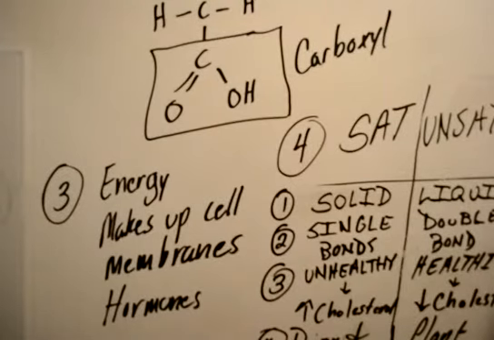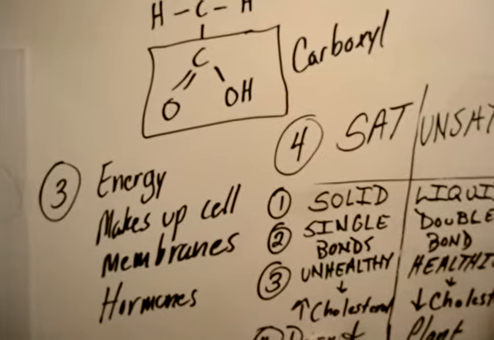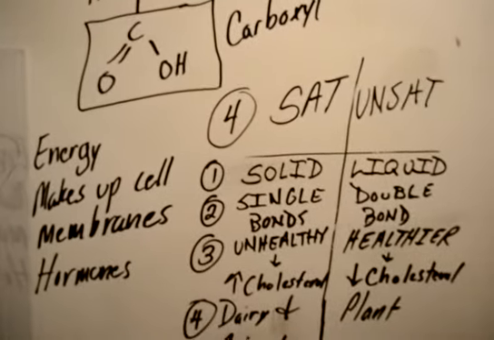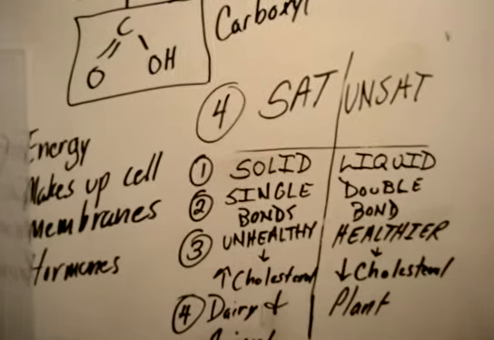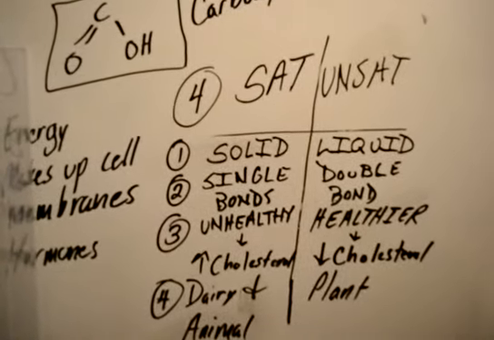And number 4. List 4 differences between a saturated and unsaturated fat. So you can see here that I've already have the different characteristics labeled. So the different characteristics of a saturated and unsaturated fat are that saturated fats are solid at room temperature, whereas unsaturated fats are liquids at room temperature.